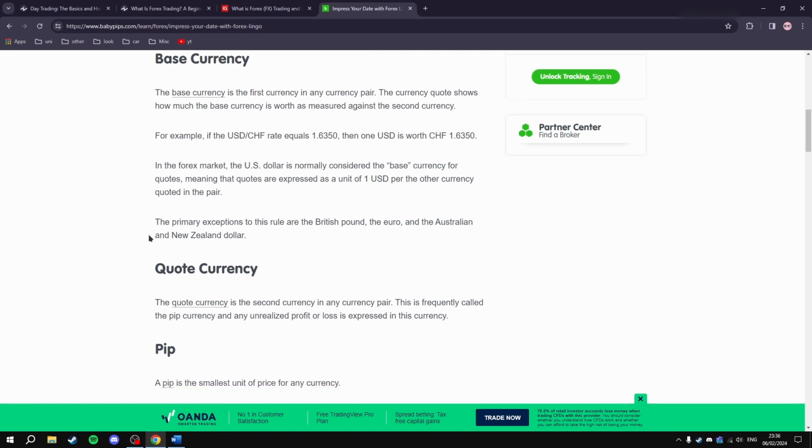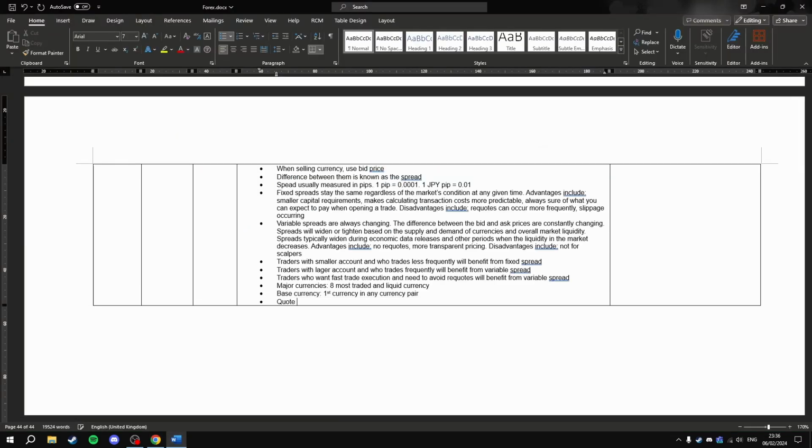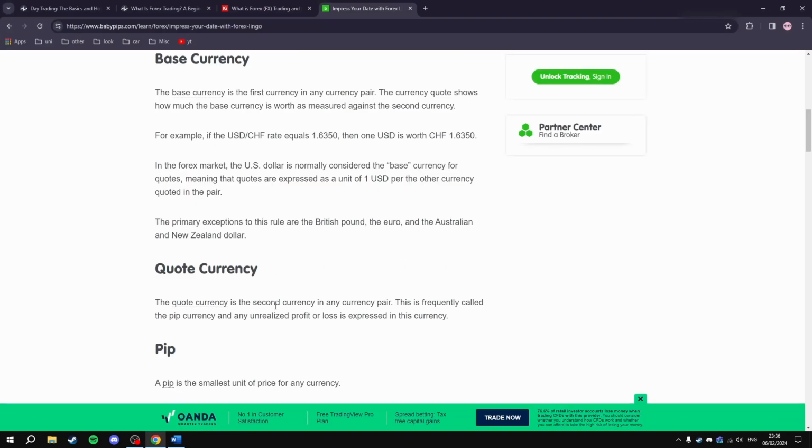Quote currency. The quote currency is the second currency in any currency pair. This is frequently called the pip currency, and any unrealized profit or loss is expressed in this currency.